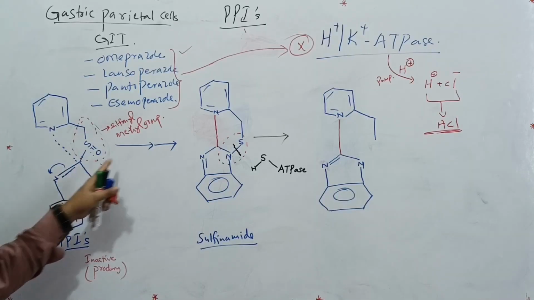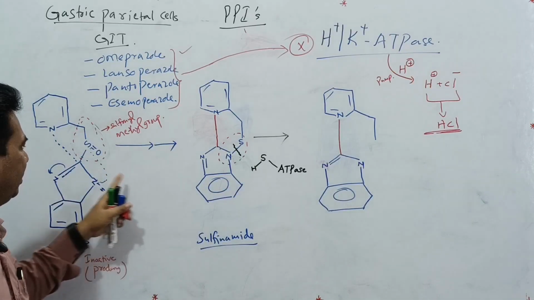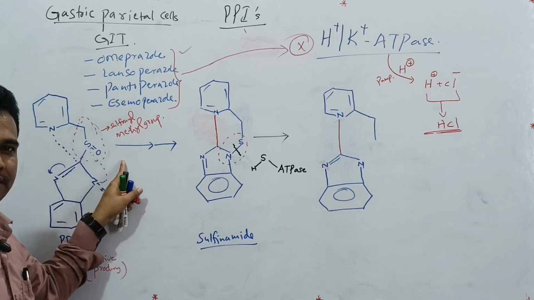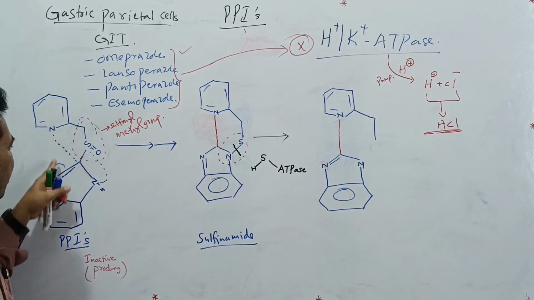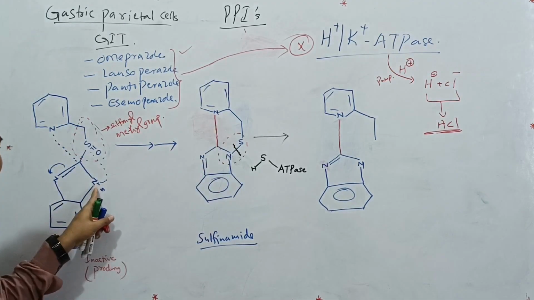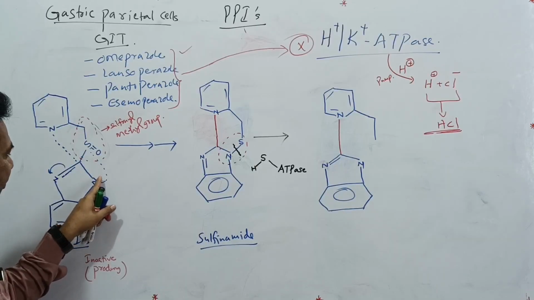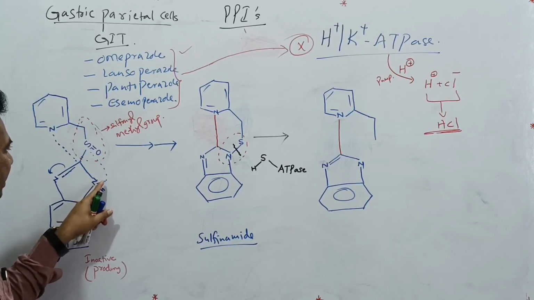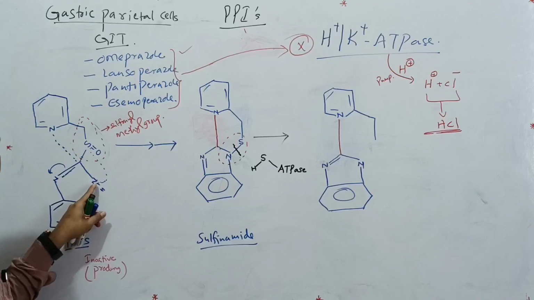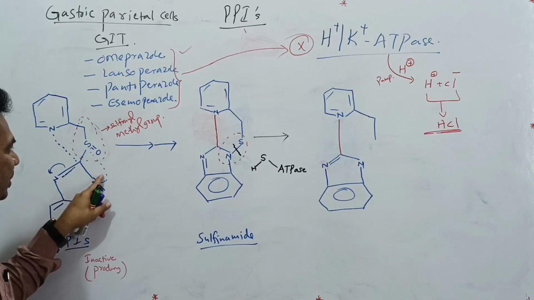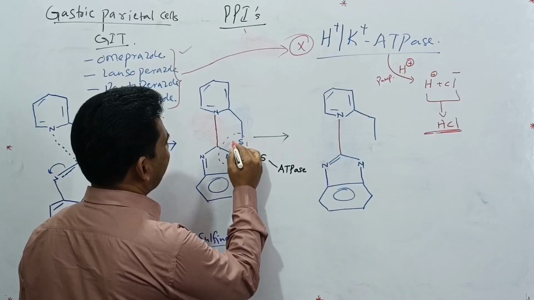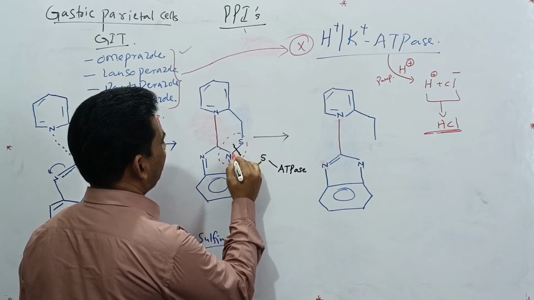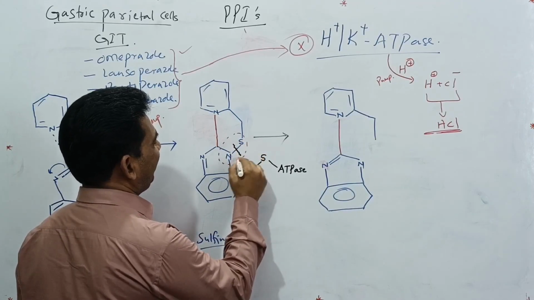Just remember that this is a two-step reaction; no need to go that deep. Just remember that a 6-membered ring is formed, fused with this imidazole nitrogen. This is called the sulfonamide group.